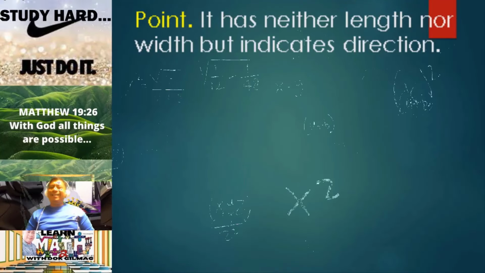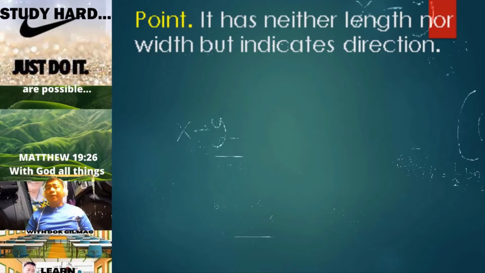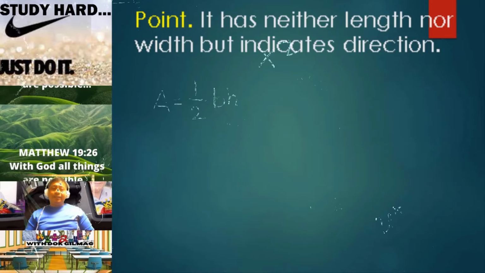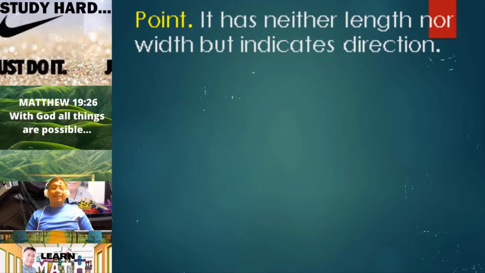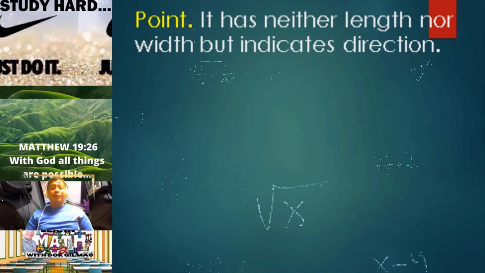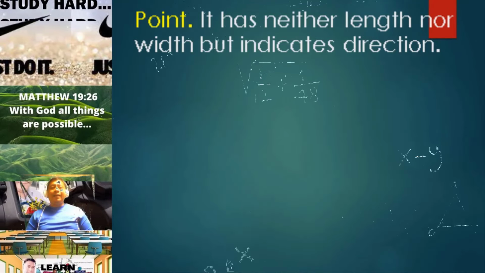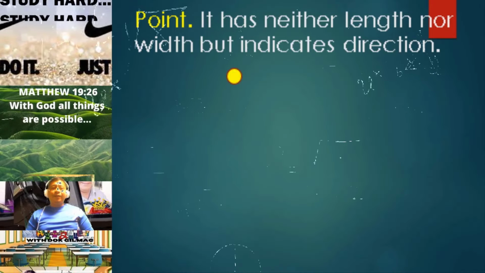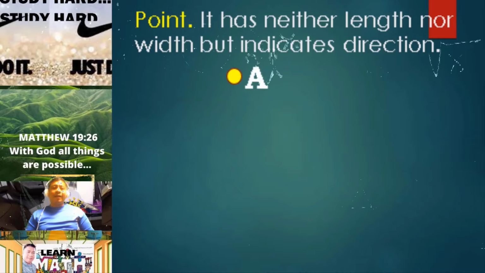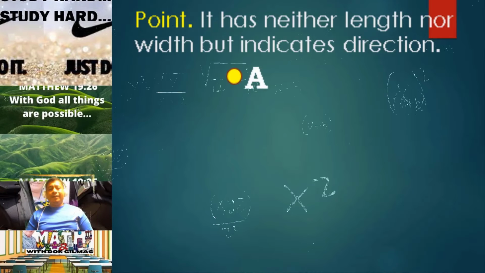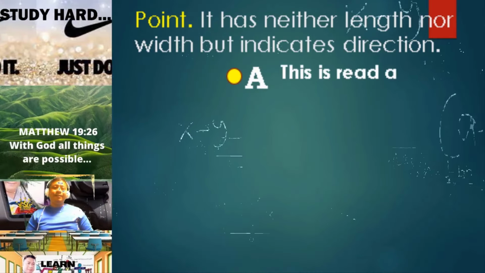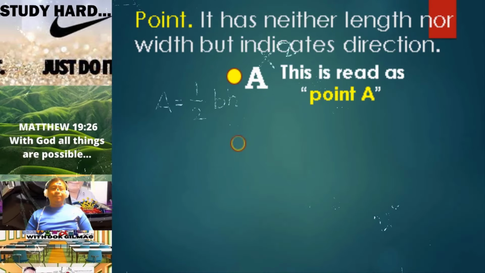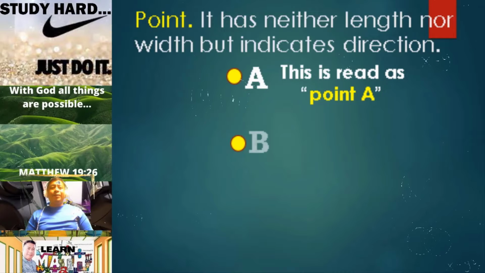Point. It has neither length nor width but indicates direction. It is commonly represented by a dot and denoted by a capital letter. For instance, you have here a dot and a capital letter A. This is simply read as point A. Consider another point here.